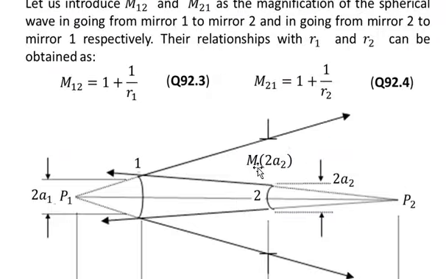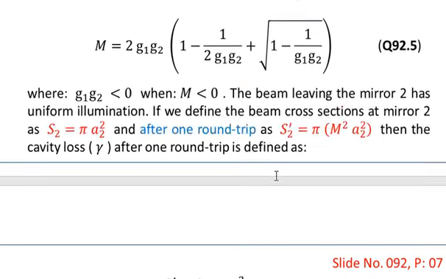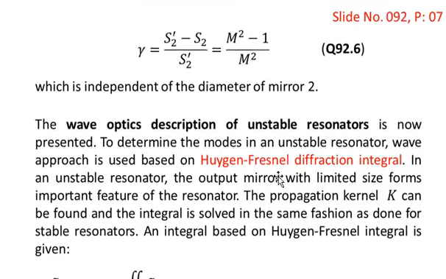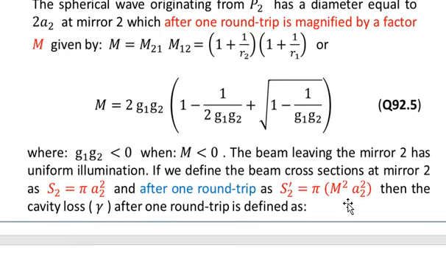You will see that earlier we multiplied 2A2 with a single power of m, because we were considering the linear dimension of the aperture diameter 2A2. But here we are considering the area, so that's why we are multiplying A2 square with m square.